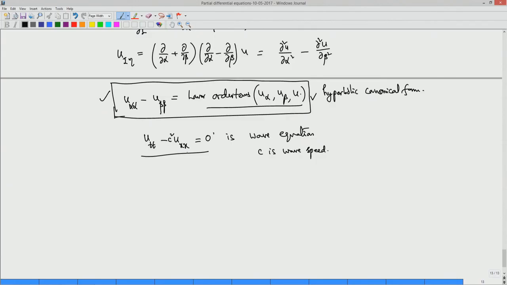Whatever the characteristics of the wave equation, if you consider a string that satisfies the wave equation, you can see that waves propagate with a finite speed of propagation.